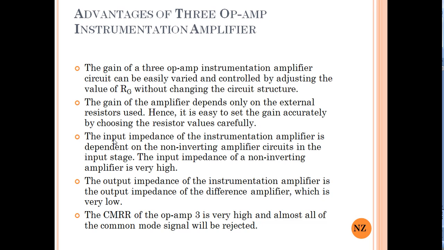The third advantage: the input impedance of the instrumentation amplifier depends on the non-inverting amplifier circuits in the input stage. The input impedance of a non-inverting amplifier is very high. That is why we are employing a non-inverting amplifier in our circuit, because an instrumentation amplifier requires high input impedance, which is offered by a non-inverting amplifier.